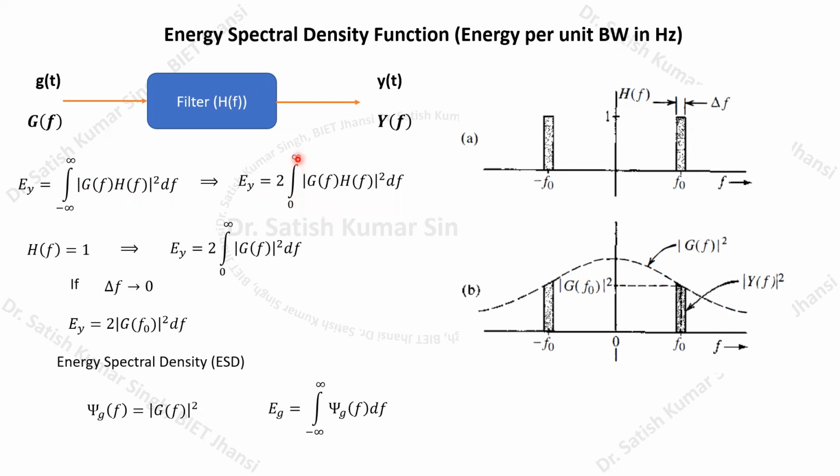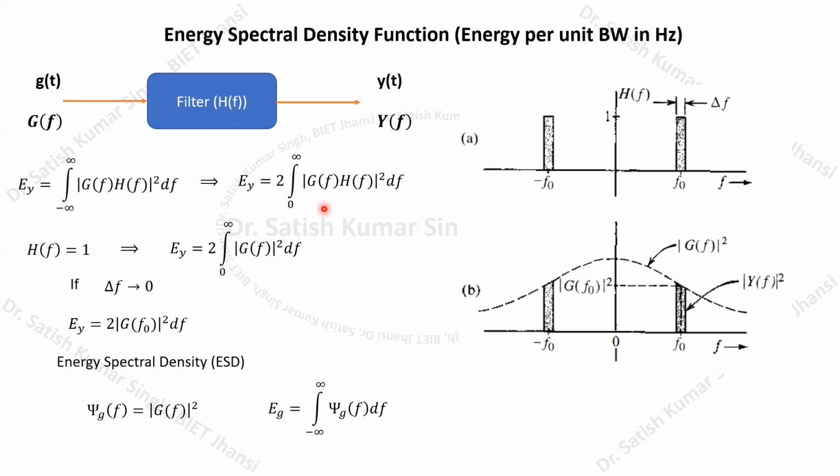The integration limit varies over the range for which this product exists. When the product exists for a certain range of frequencies, that frequency range is what we consider for the integration. Suppose this is the filter H(f) that I have shown here.